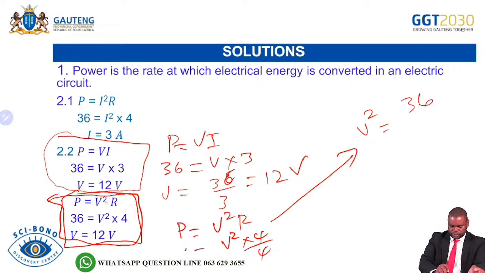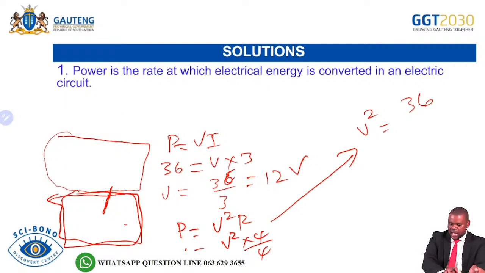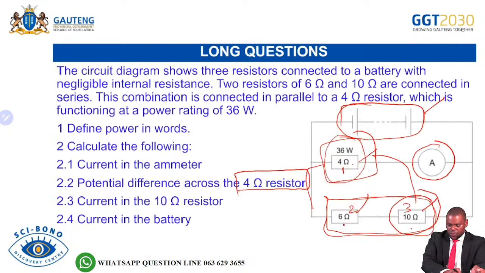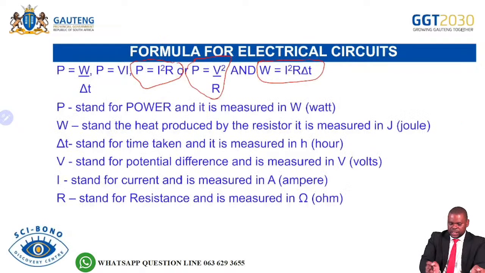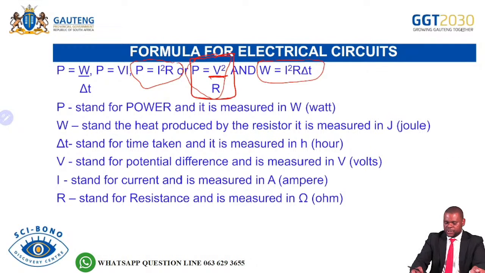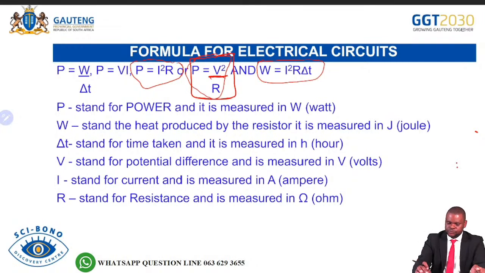What's happening? Is R. Oh, this is divide, not multiply. It's supposed to be divide, not multiply. I can see that something is off. Yes, let's go back and see. Can you see this formula here? It is divide, not multiply.